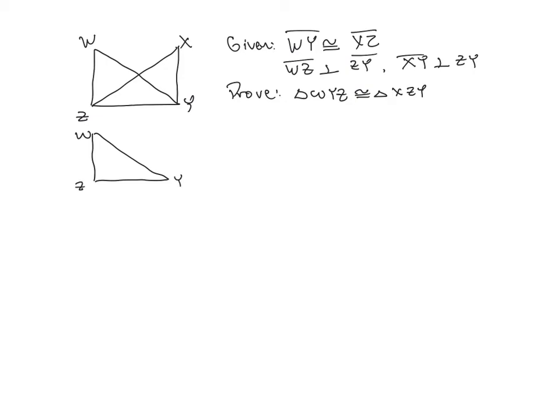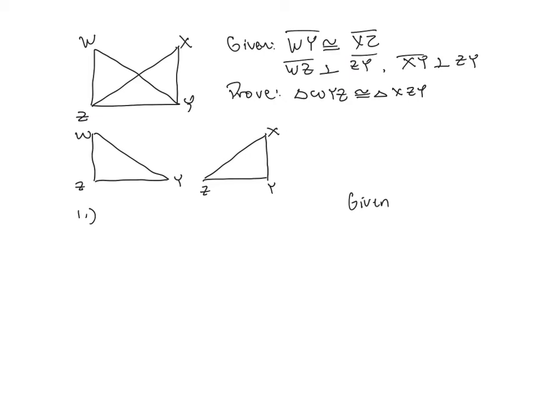WYZ looks like that, and then XZY is that one. So I think on a problem like this, it's helpful to separate them. Okay, so on step number 1, I'm not going to rewrite it just to save some room, but all that stuff up there is the given.